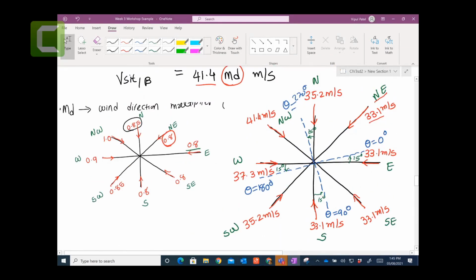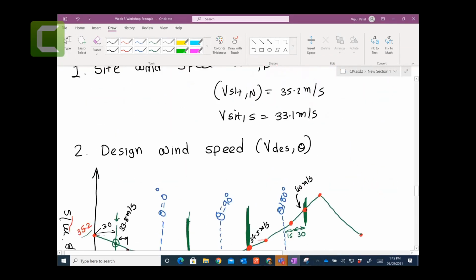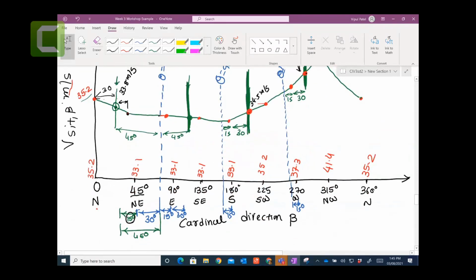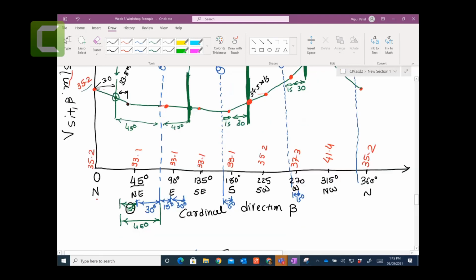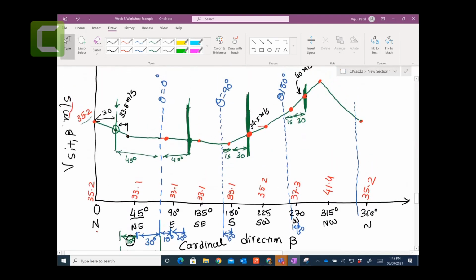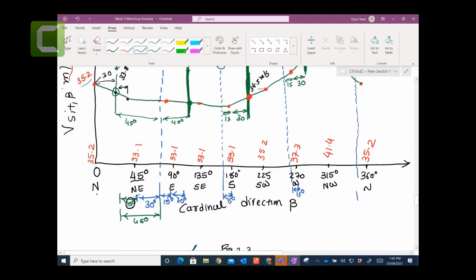270, drawn between north and northwest, measuring from north, and that is measuring 15 degree from the north.